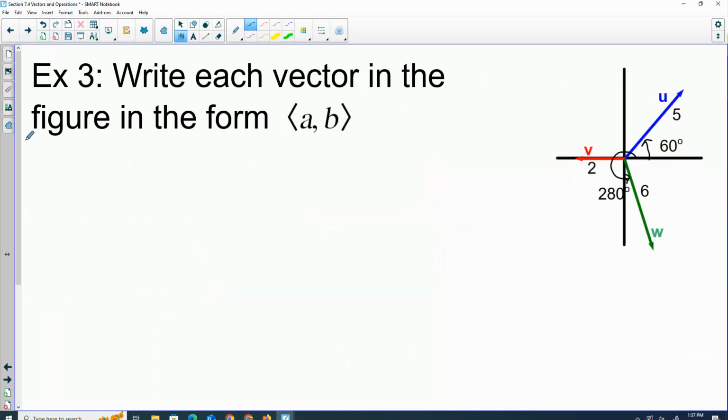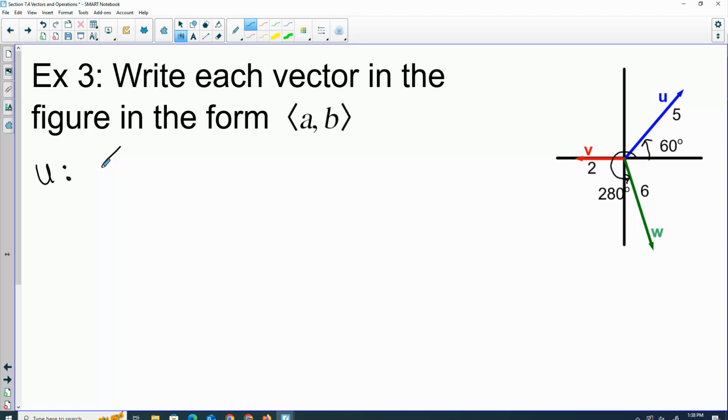Let's see if we can write our vectors from this picture. I have three different vectors, u, v, and w, and I want to come up with their equations. If I look at vector u, what is the magnitude of u, the length of it? 5.